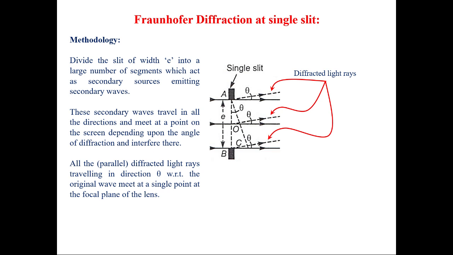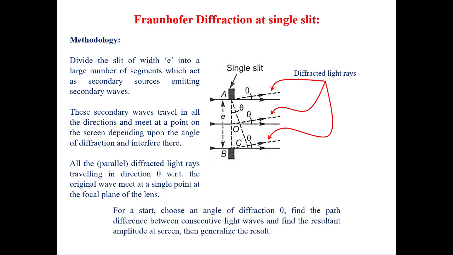All the parallel diffracted light rays traveling at diffraction angle theta with respect to the original wave meet at a single point at the focal plane of the lens. For a start, choose an angle of diffraction theta, find the path difference between consecutive light rays, then find the resultant amplitude at the screen, and then generalize the result.